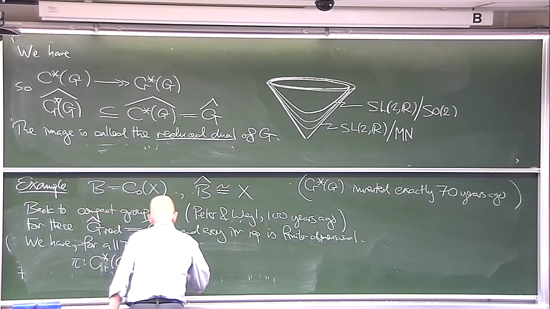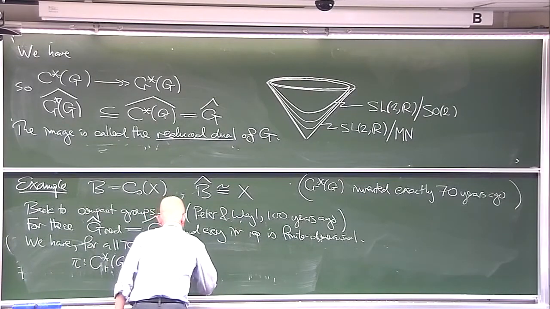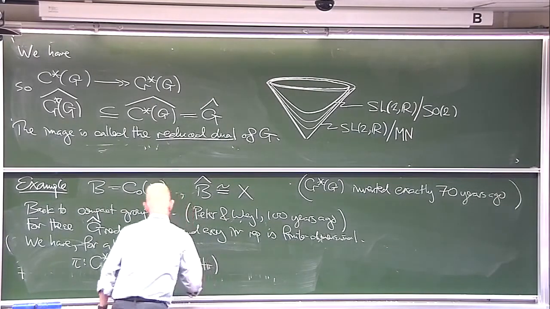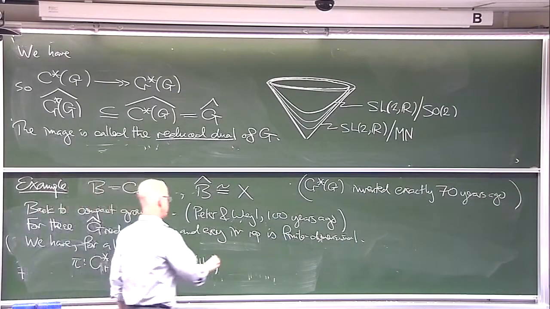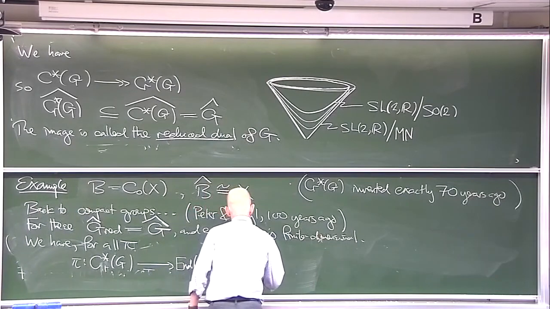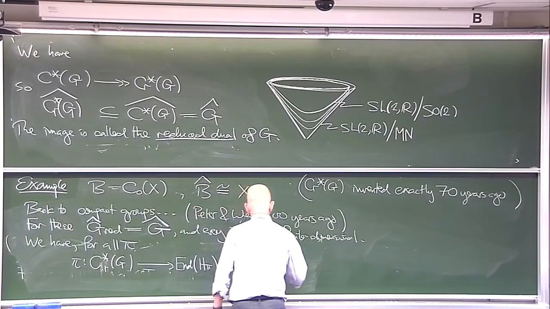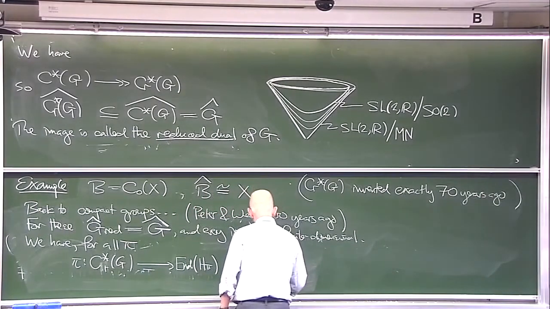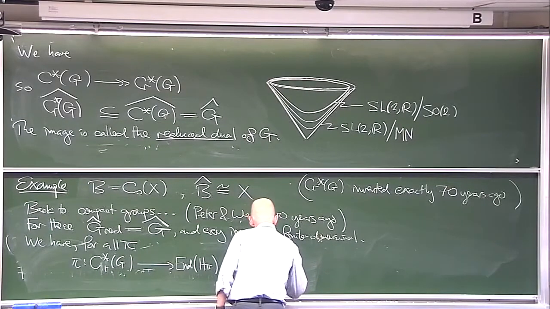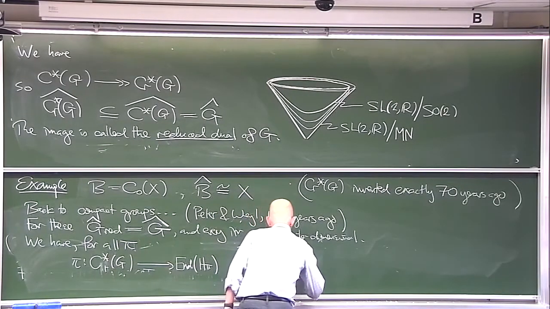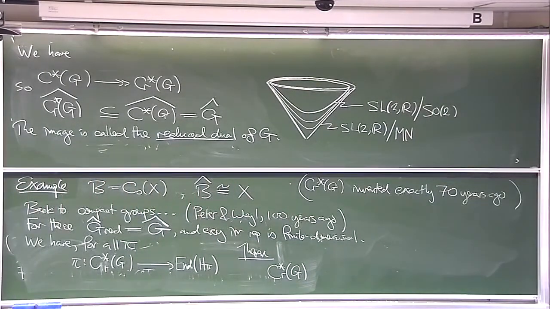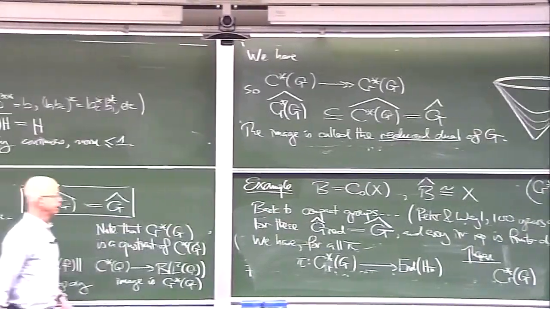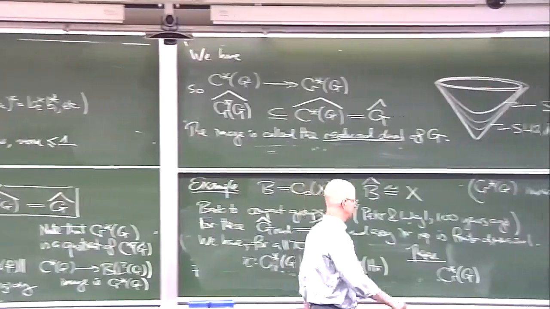Now, as bounded operators on, I'm just going to write endomorphisms of this finite dimensional Hilbert space. And the theorem proved by Peter and Weyl is you can take all of these individual homomorphisms collectively and build the following object.